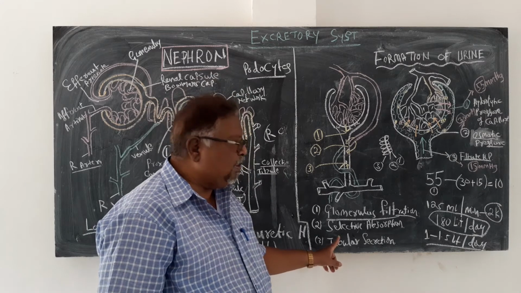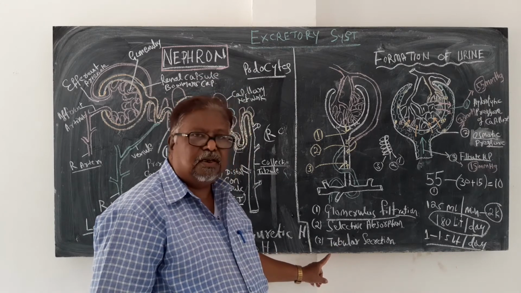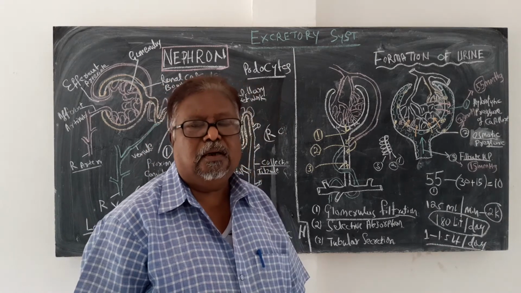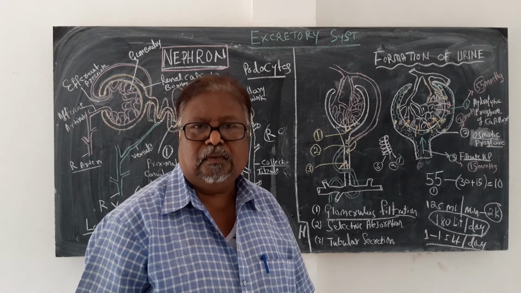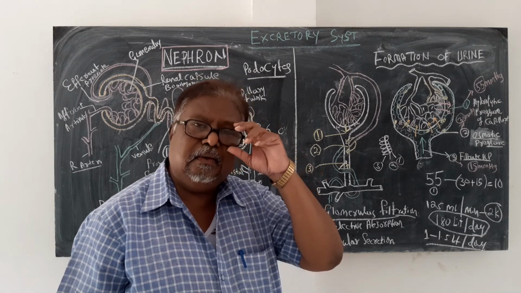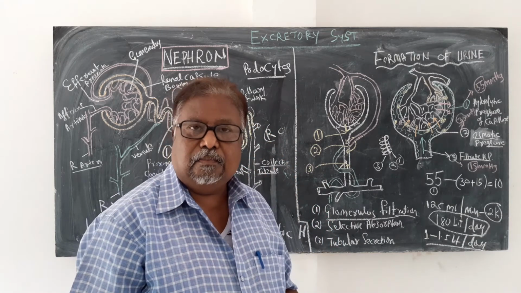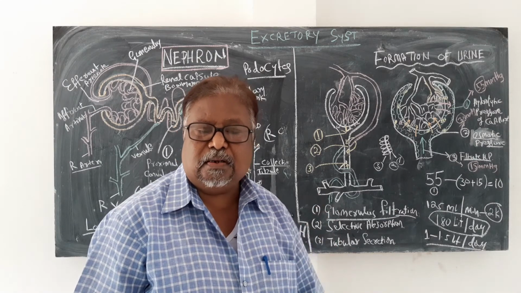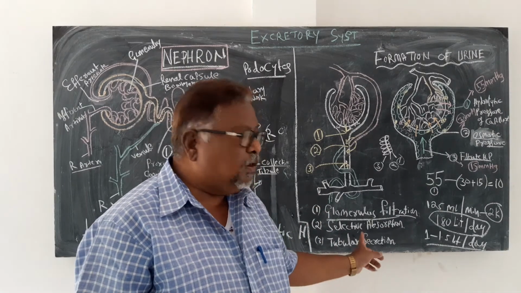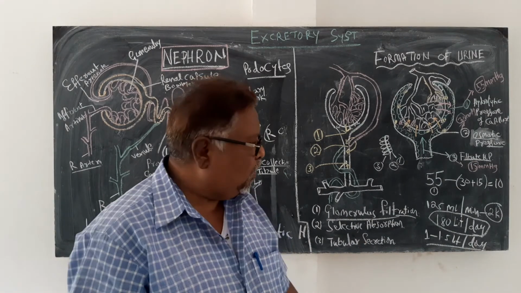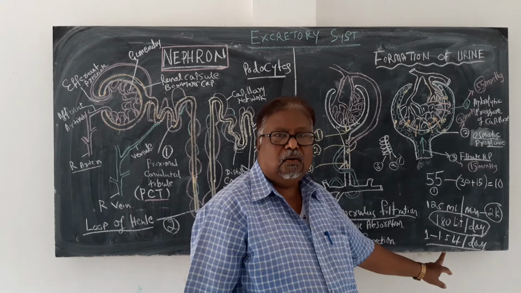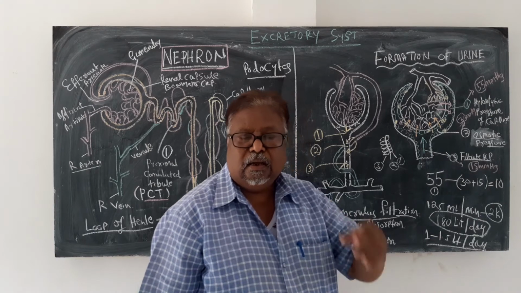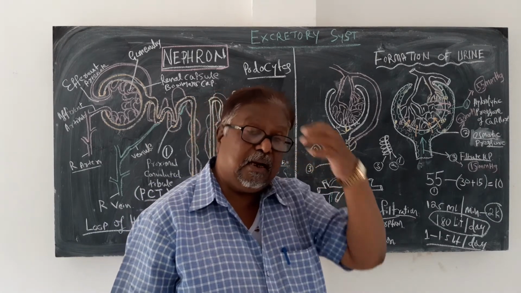By these 2 processes, selective reabsorption and tubular secretion. The water which is present in the filtrate is reabsorbed again because the body needs water. Maximum water is needed by the cells. The metabolic activities taking place in the cells are mainly due to the presence of water inside. So this water is reabsorbed and finally only 1 or 1.5 liters is produced, and this will be stored in the urinary bladder.